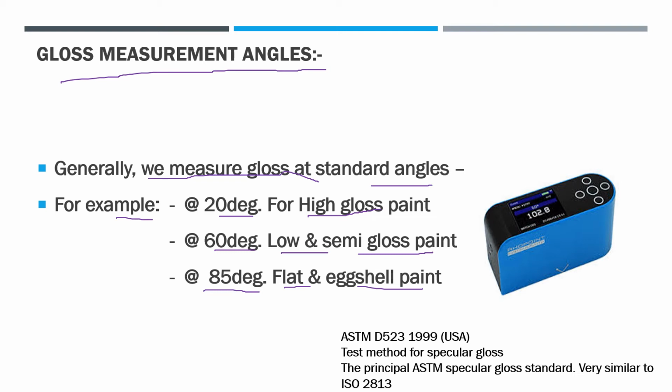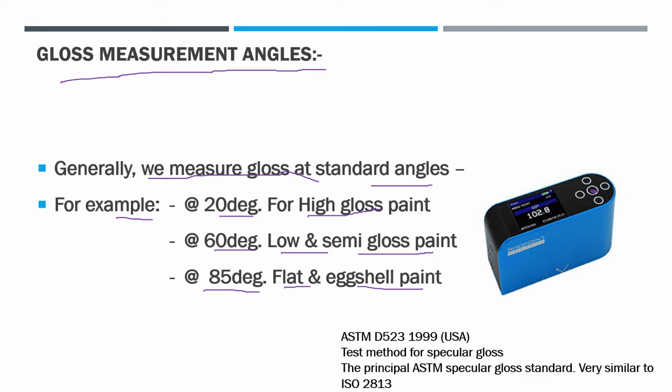This is the glossometer with which we check the gloss. To check the gloss, we put the glossometer on a smooth, painted horizontal surface, and once you push this button, it will automatically give you a rating in gloss units.